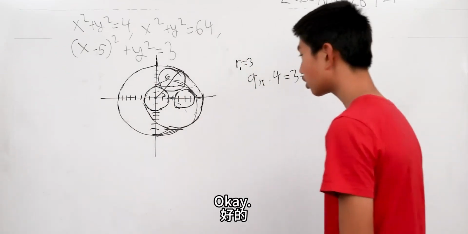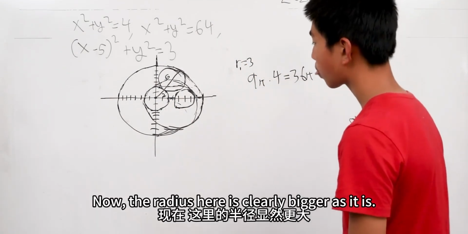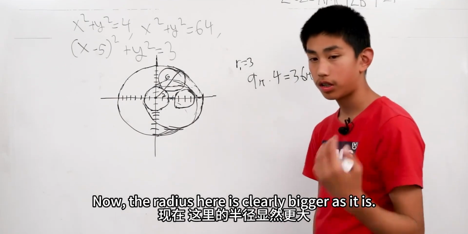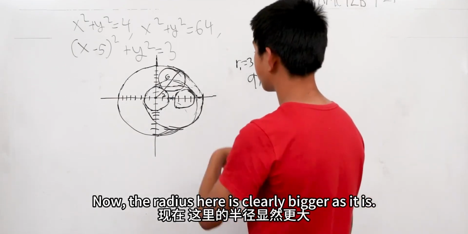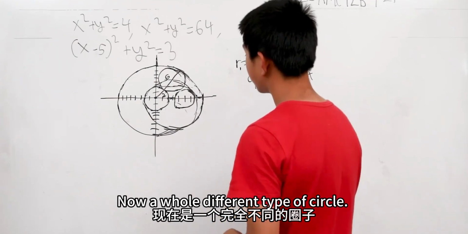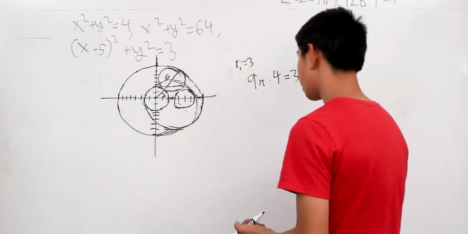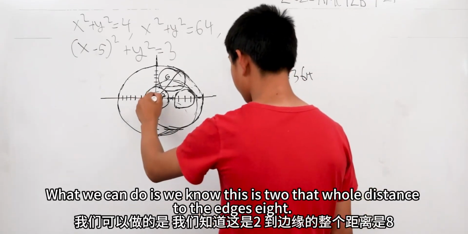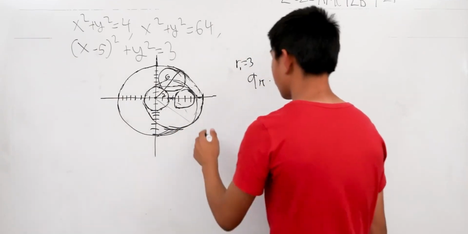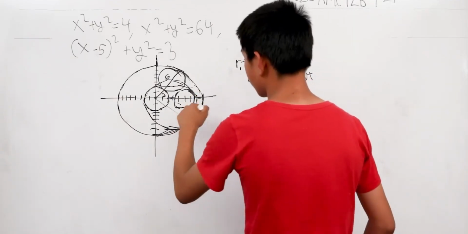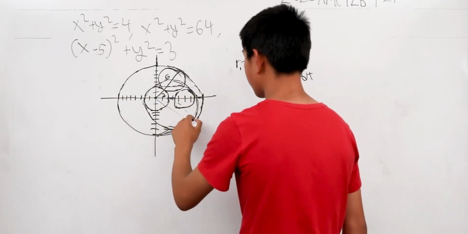Okay. Well, now the radius here is clearly bigger, as it is now a whole different type of circle, right? So what we can do is, we know this is 2. That whole distance to the edge is 8.